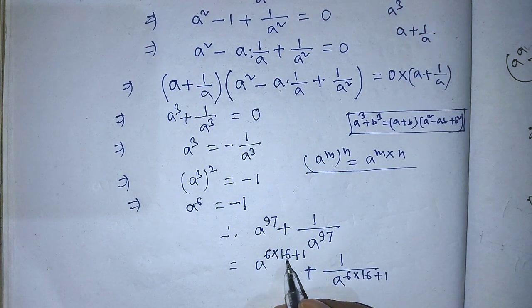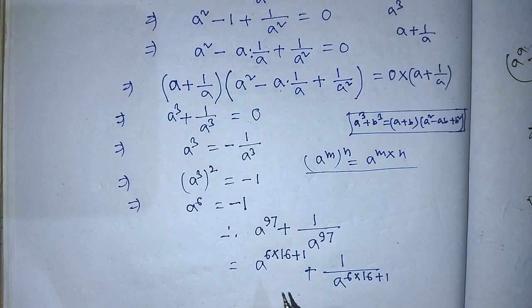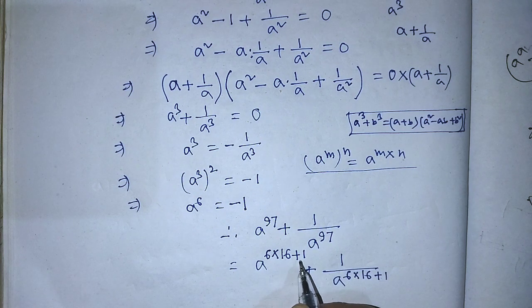If you multiply 16 with 6, then you get 96, and if you add 1, then you get 97. That's why you can write in the place of 97, 6 into 16 plus 1.